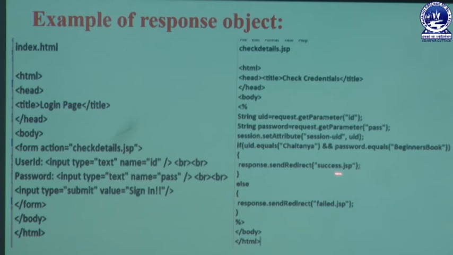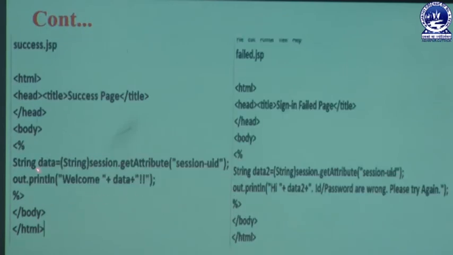In this section we also print some data retrieved from our session object and stored in our data variable, and it is already typecast. That means the session UID is typecast to string type, and then it is displayed in our browser.